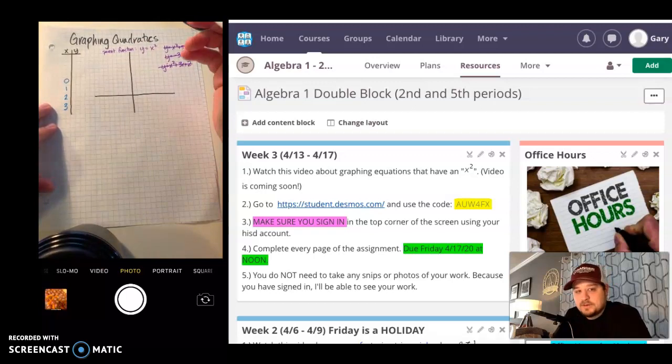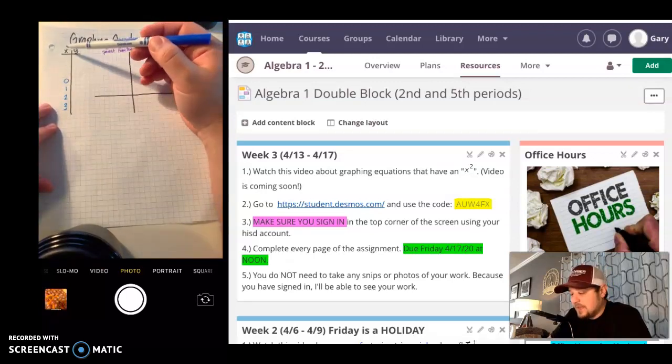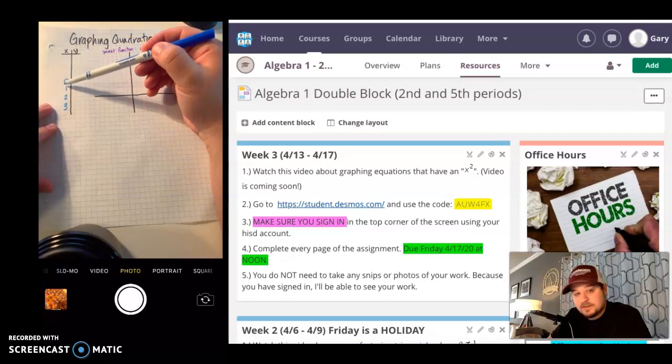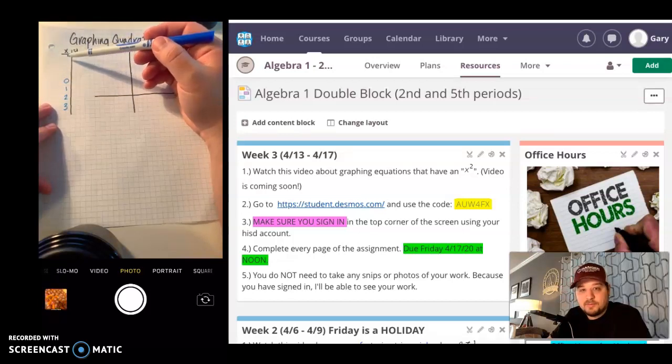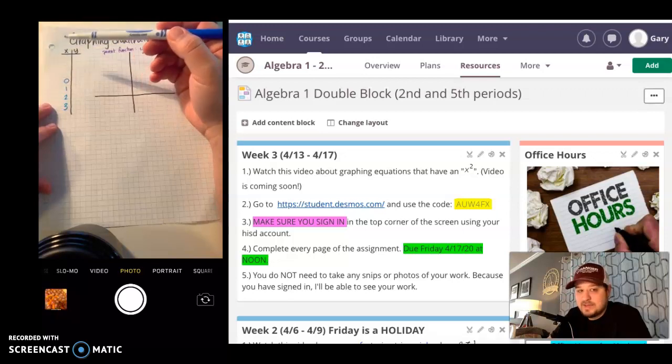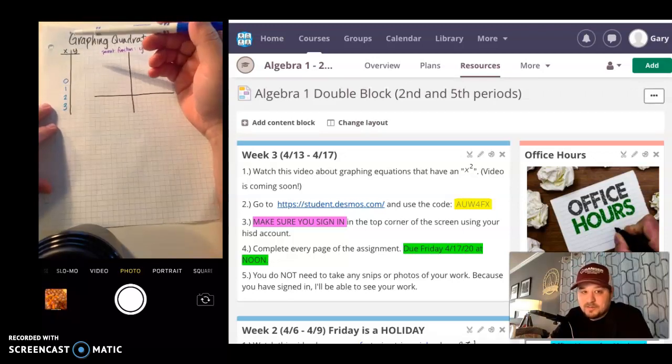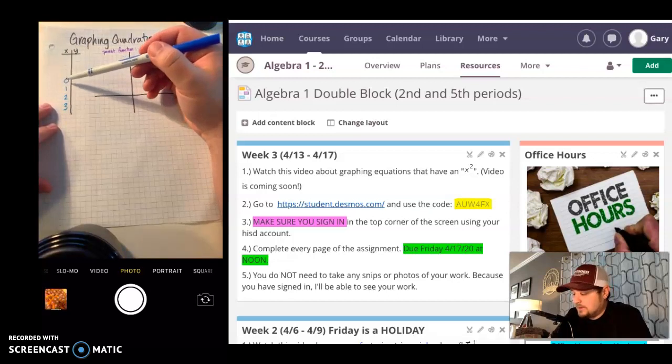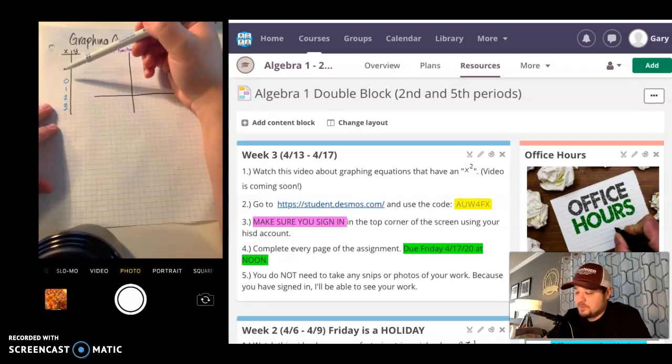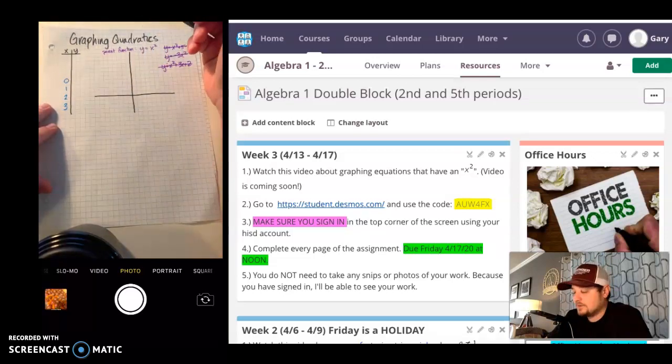Remember that in a table, the x numbers on the left side are our independent variable. That means it doesn't depend on anything. We get to pick what numbers we use. You'll notice I started halfway down because up here we're going to do some negative numbers and I want them to eventually be in order, but we're going to start down here.